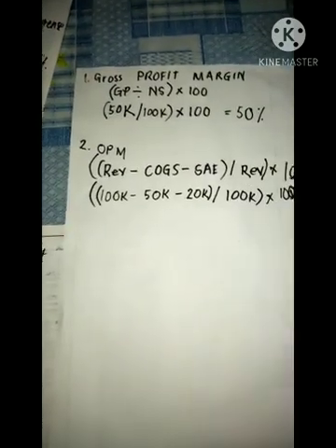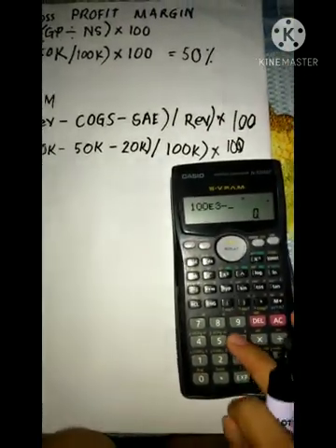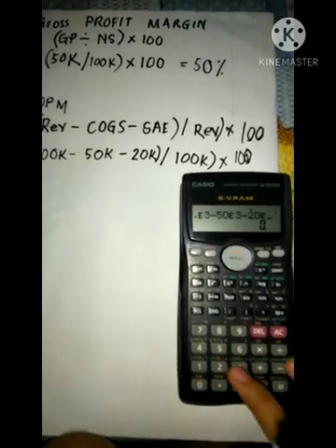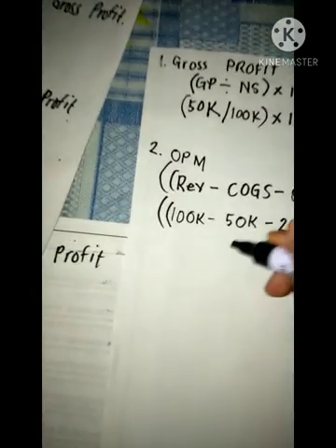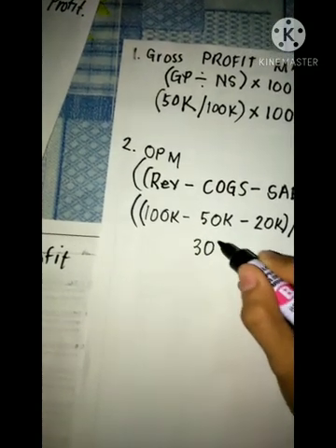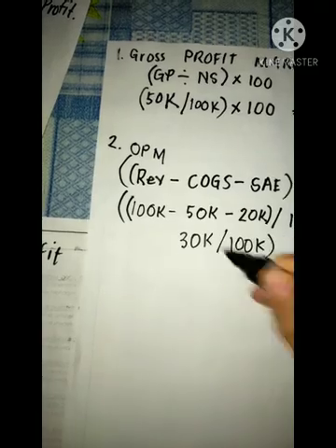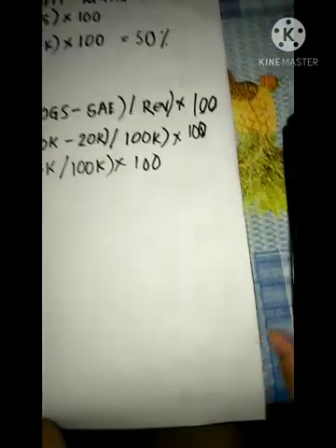So, i-compute natin. 100,000 less 50,000 less 20,000 is 30,000. Divided by 100,000. Multiply the answer to 100.